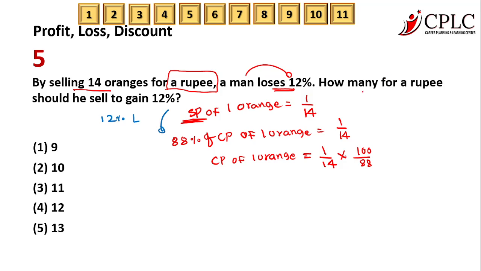And now they are saying, how many for 1 rupee should he sell so that he gains 12%? So if he's going to gain 12%, can we say the selling price becomes 112% of cost price?